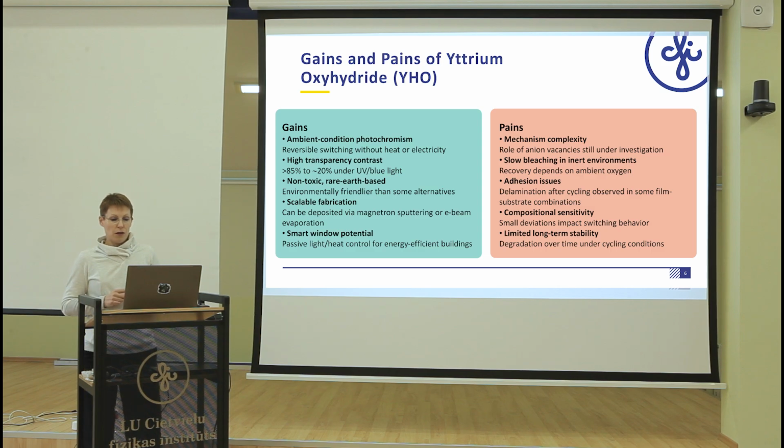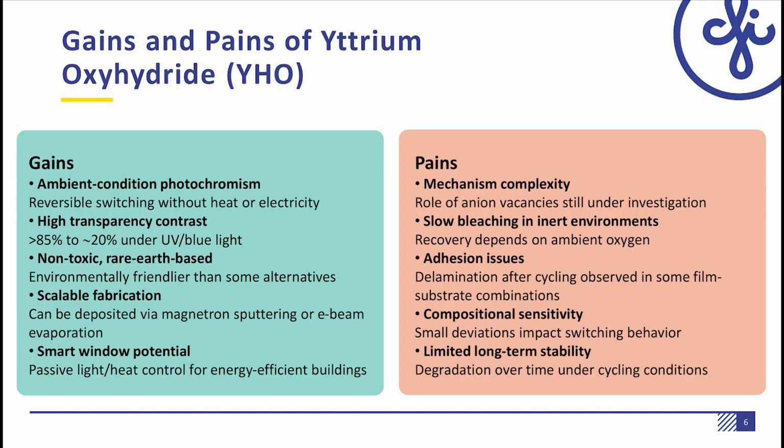Now let's see what key gains and pains this material has. On the plus side, it shows photochromism under normal atmospheric conditions. That means we don't need to give heat or electric field. It also offers a high transparency contrast from 85 down to 20%.